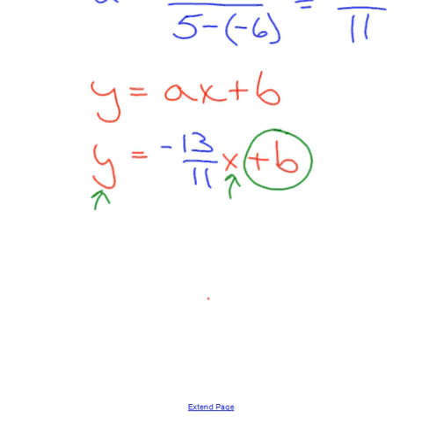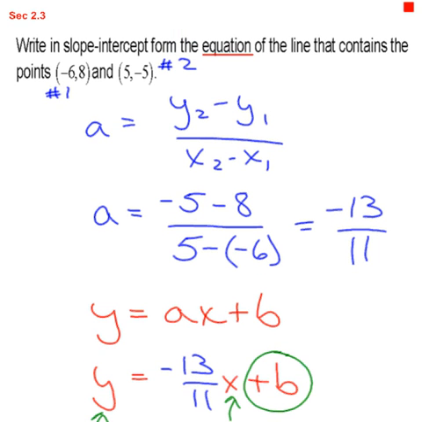So you can pick one of your points up here. Remember, each one of these is a pair of x and y. So I'm going to pick one of those and plug it in down here. I'm just going to pick the first one, -6, 8.